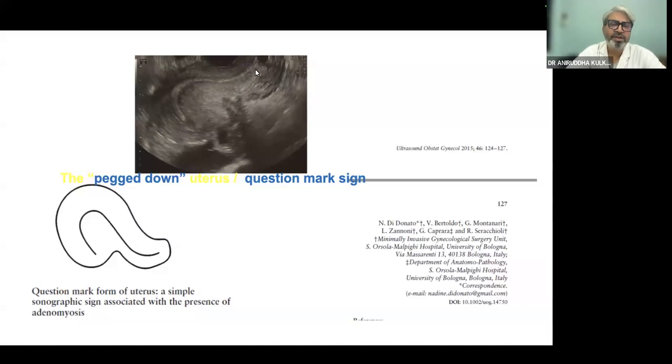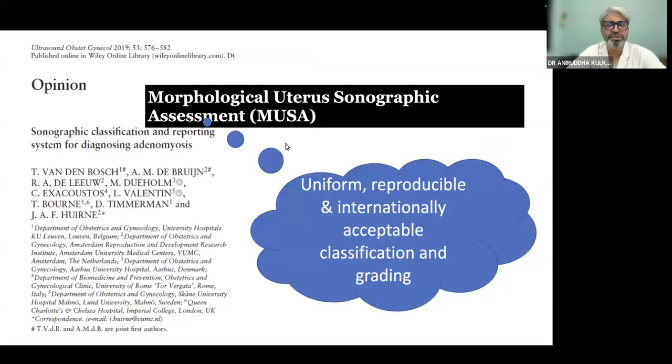So here you can see there is a question mark because of the cervix and lower part of the uterine cavity, whereas the fundus is dipping down posteriorly because of adenomyosis and superficial endometriosis involving the serosa, or there could be features of deep infiltrating endometriosis involving the bowel, which is just behind the body of the uterus or behind the retrocervical component. This is called the question mark sign or peg down feature.